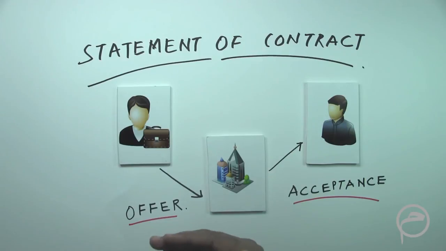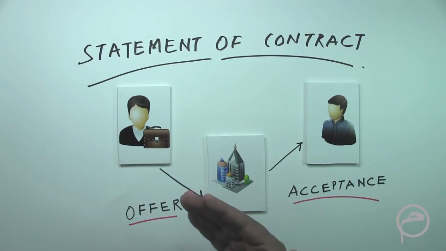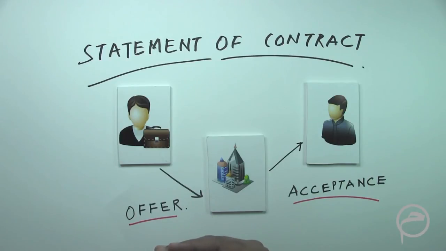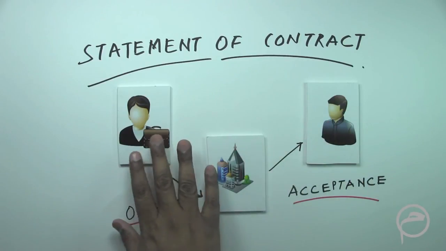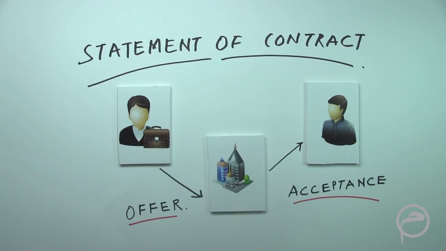Whatever mode of communication is used, the Sharia accepts it, provided it is acceptable culturally and legally. So basically, the statement of contract talks about the offer and acceptance between the two entities who want to enter into a contract.